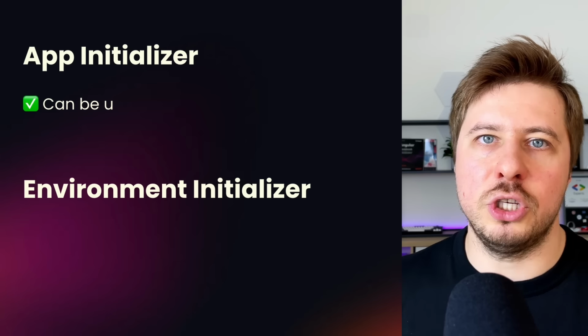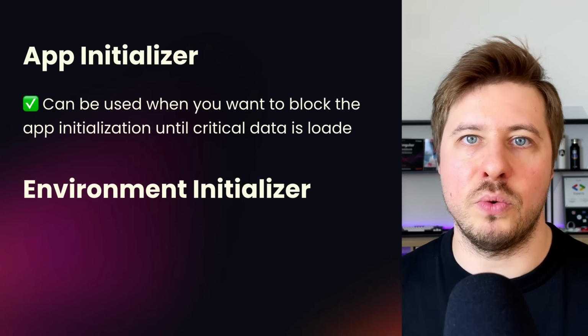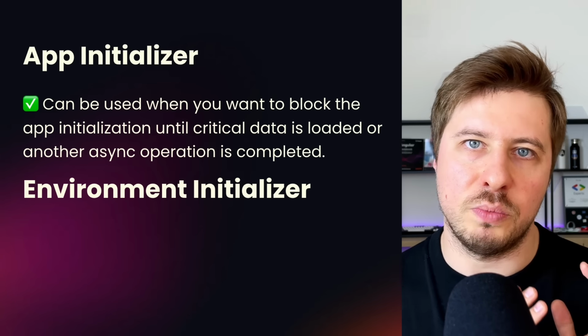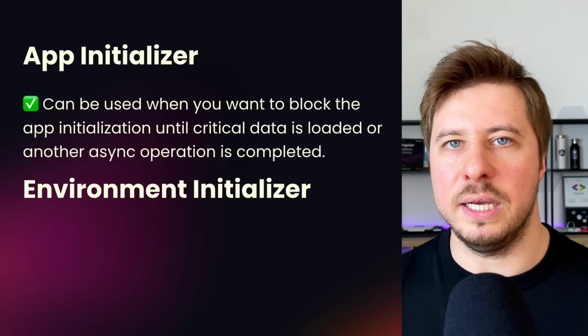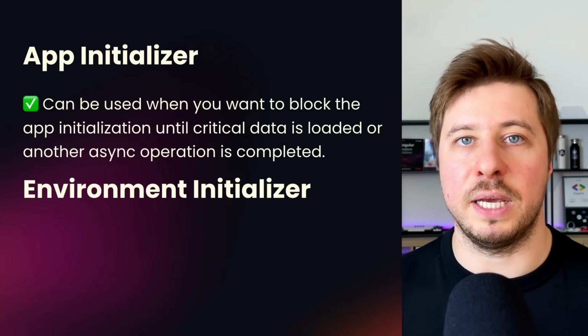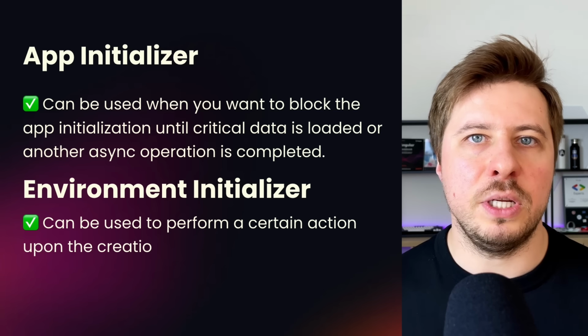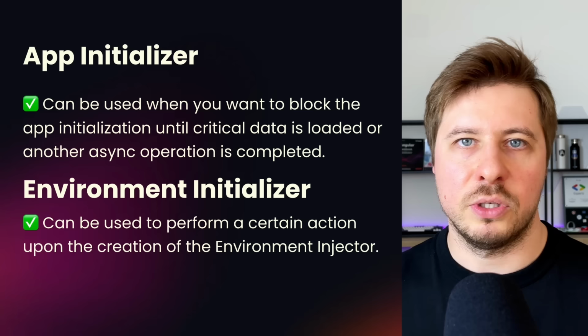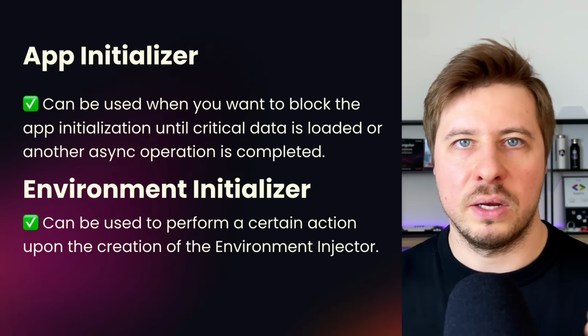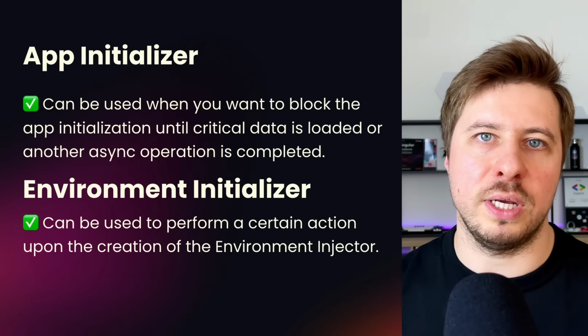So the AppInitializer is a perfect choice when you want to postpone the application bootstrapping until certain critical data is resolved, for example, the application config. The Environment Initializer is a good choice if you have to perform certain logic once the corresponding environment injector is created.